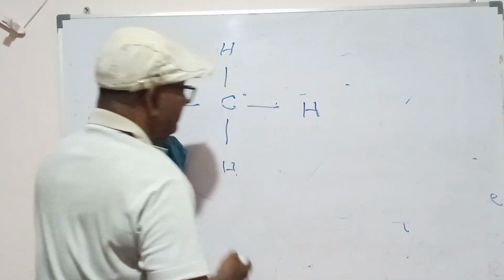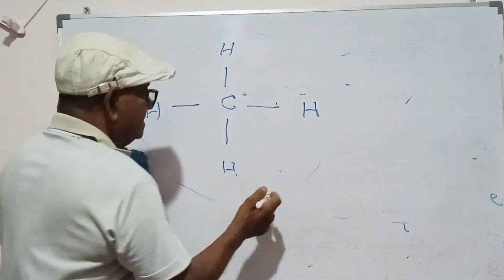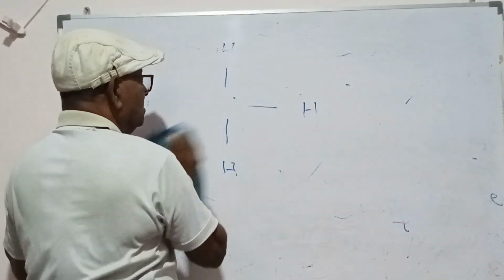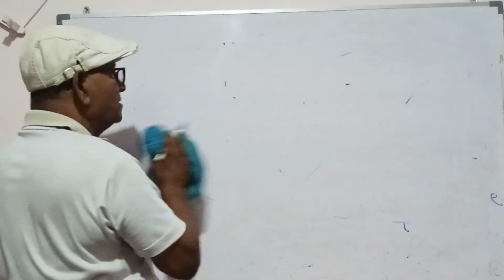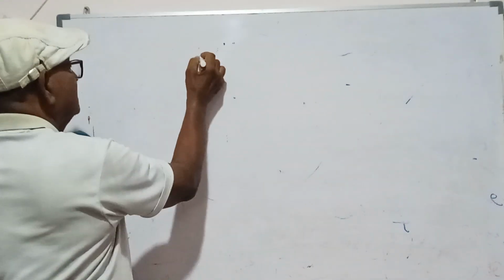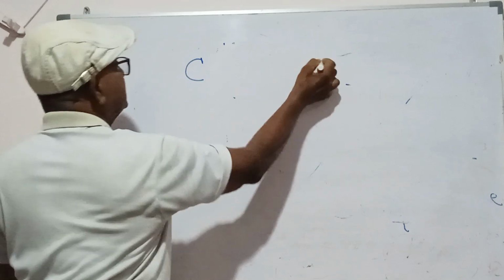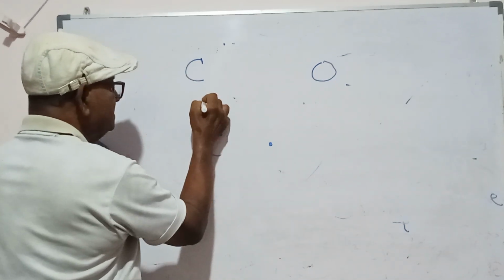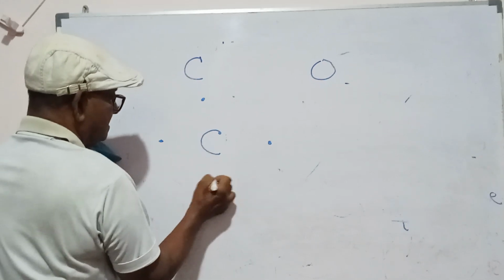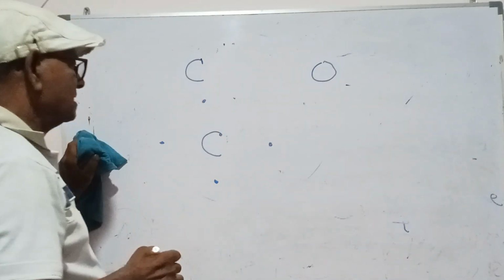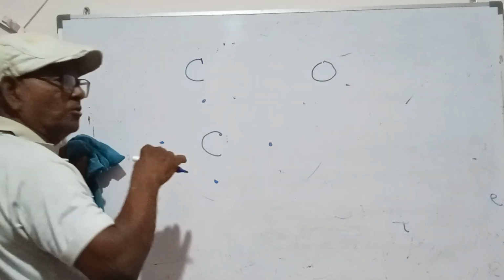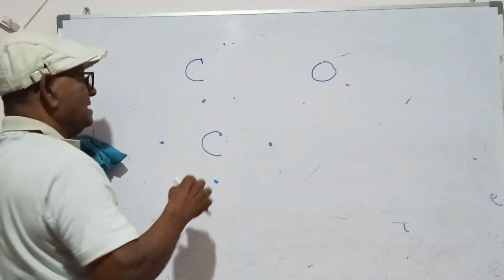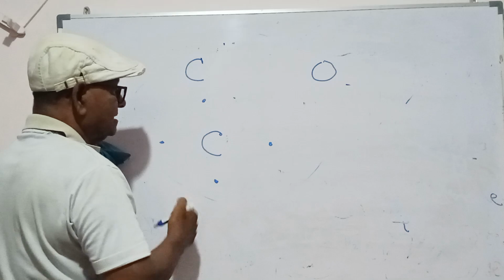Consider if carbon combines with oxygen. Carbon has 4 electrons at the outermost orbital, to be completed by forming 4 shares.